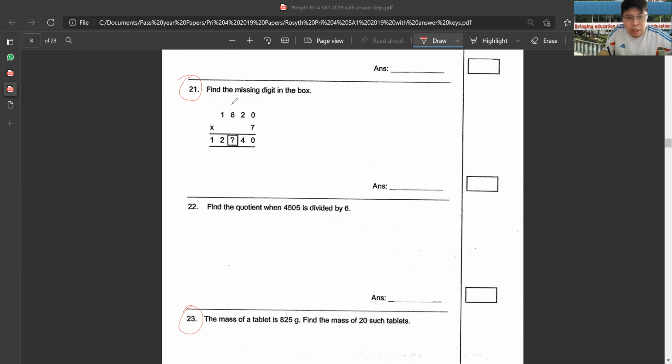I put 2 times 7, 14, there's a 1 here. I put 58. So the missing digit is a 7. Okay.